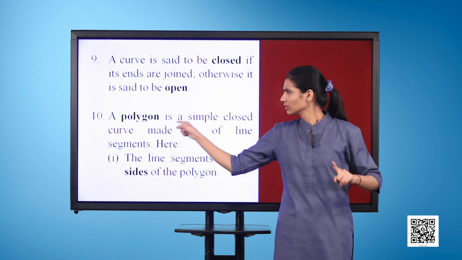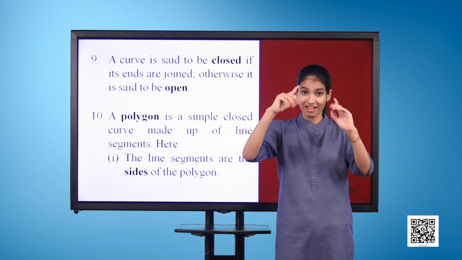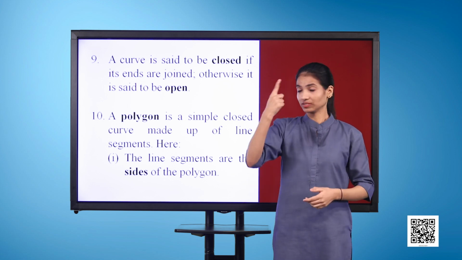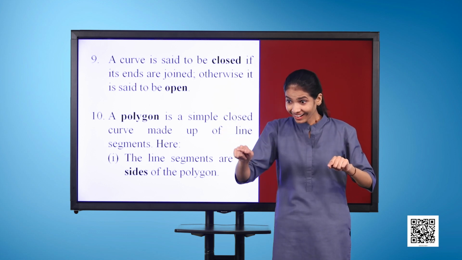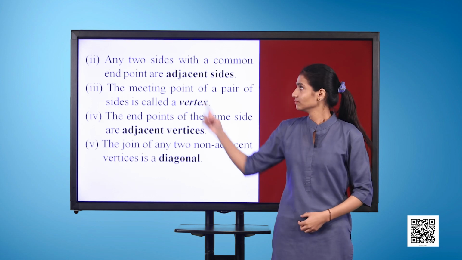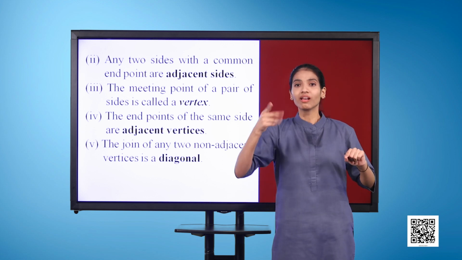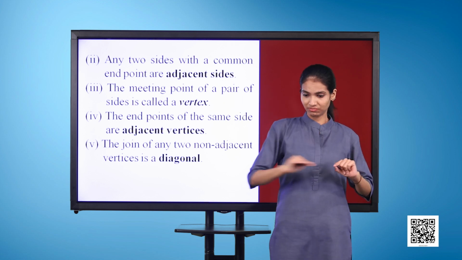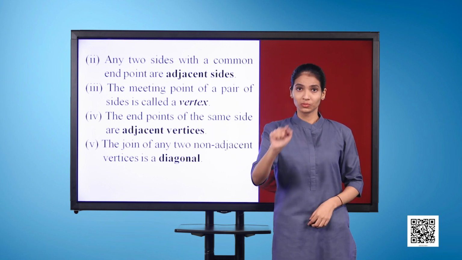10. A polygon is a simple closed curve made up of line segments. Here, 1. The line segments are the sides of the polygon. 2. Any 2 sides with a common end point are adjacent sides. 3.